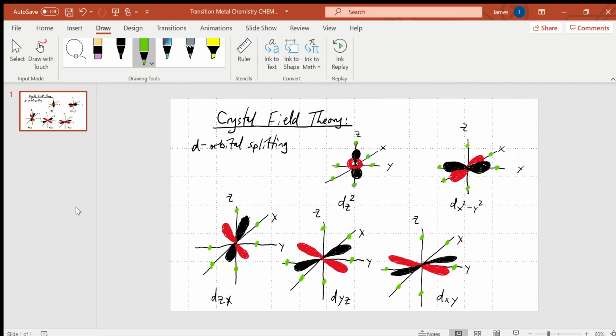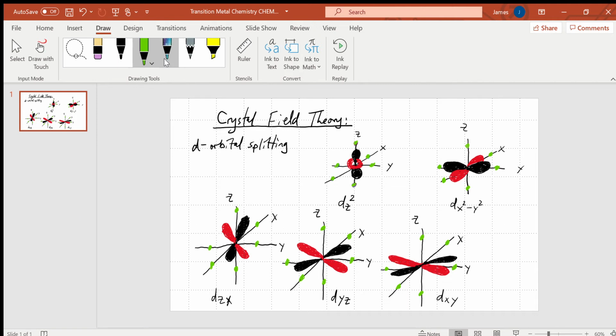So these 6 peripheral ligands on the positive and minus aspect of each of the 3 axes, so plus or minus x, plus or minus y, plus or minus z, are going to interfere with the electric field of the d orbitals, and they are therefore going to split them. So that's what d-orbital splitting is all about.